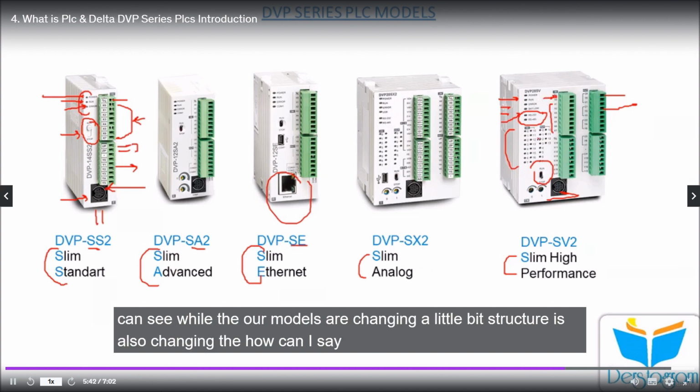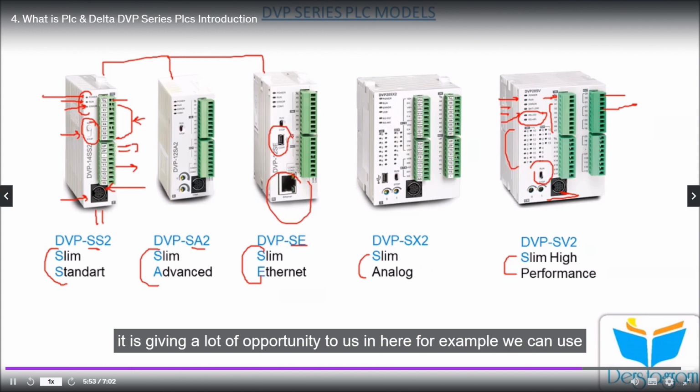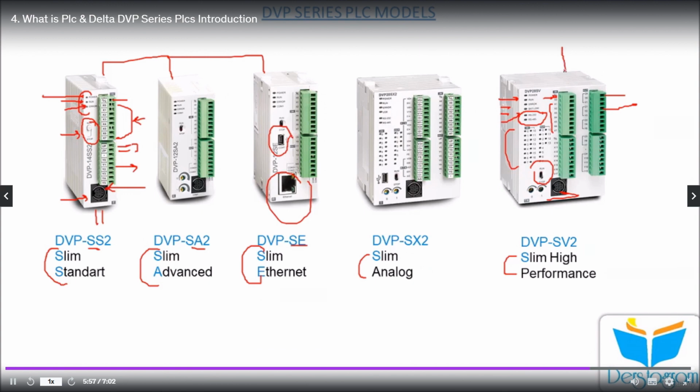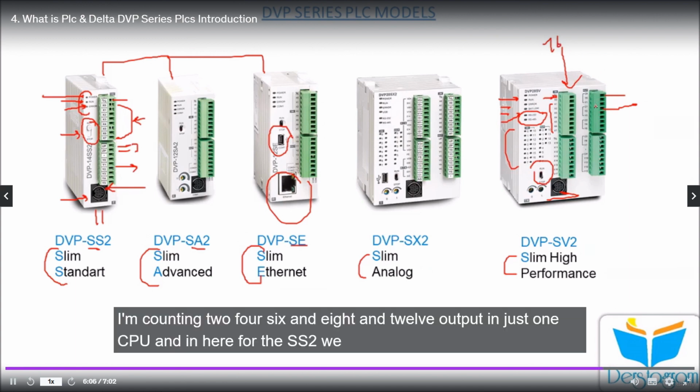You can see that while our models change a little bit, the structure also changes, which gives us a lot of opportunity. Here, for example, we can use 16 inputs, and here I am counting 2, 4, 6, 8 and 12 outputs in just one CPU.